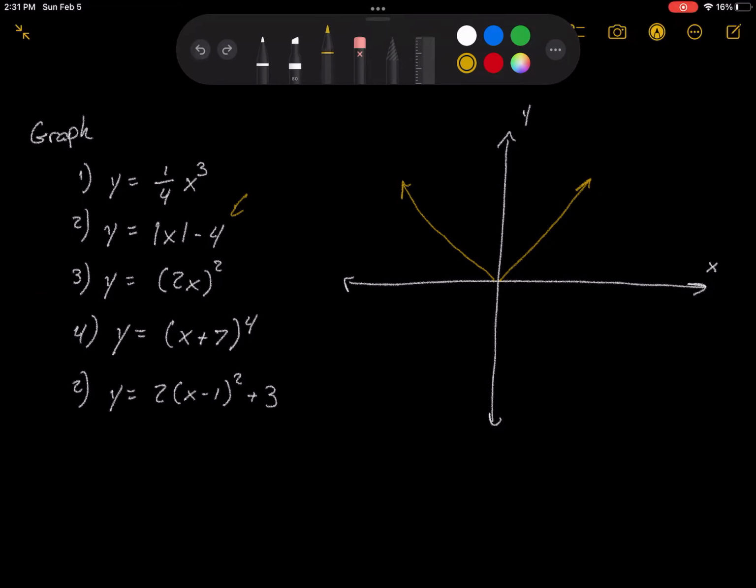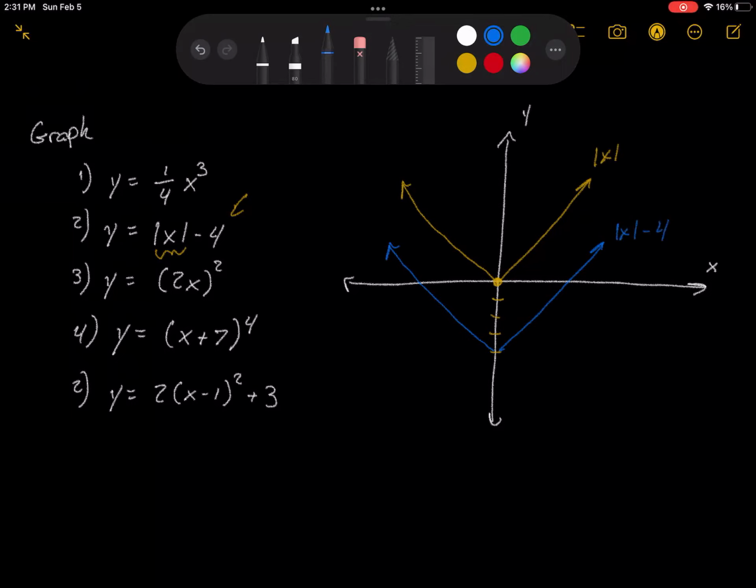All right, and now what am I doing to the absolute value of x? I'm shifting it down by 4 units. I'm taking the absolute value of x and I'm subtracting 4. So if this point right here is at 0, 1, 2, 3, 4. Oops, let me change to a different color. So this was the absolute value of x, and this is the absolute value of x, just minus 4 now.